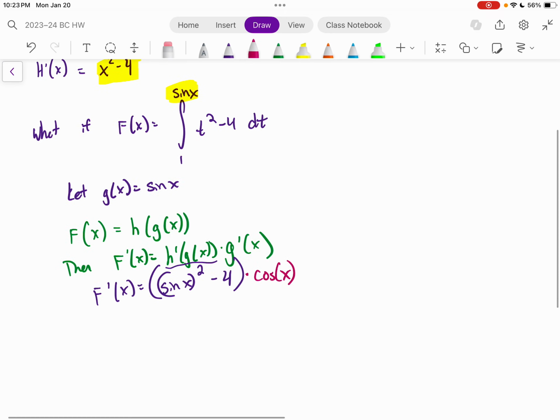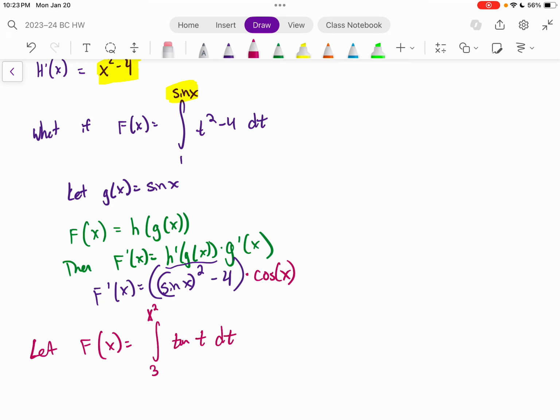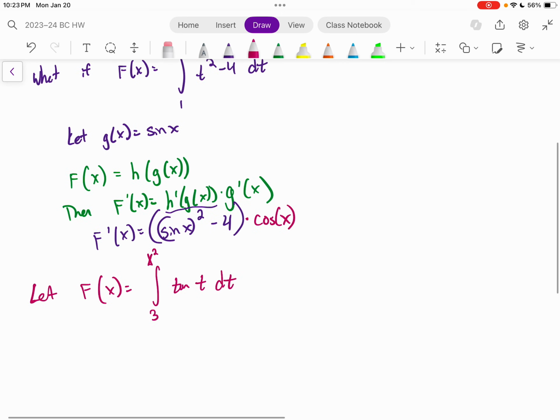So let's do one example. Let's let f of x be the integral from 3 to x squared of tan t dt. Well, if that's the case, then f prime of x is going to be this function with x squared plugged in, tan of x squared.